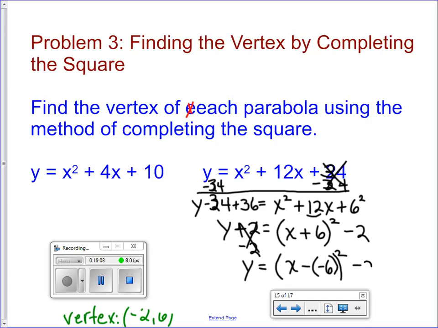Okay, and what we see here, I'll write the vertex up here. Our vertex would be negative 6, negative 2.